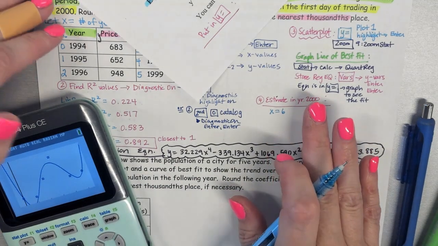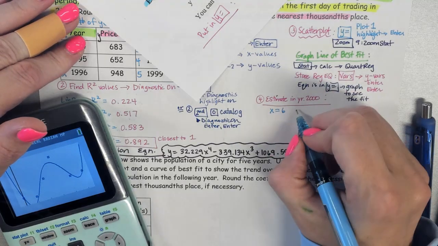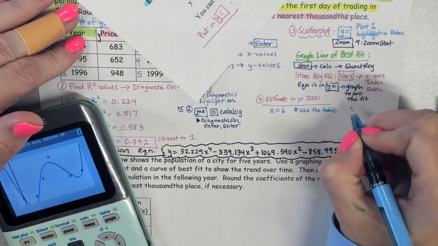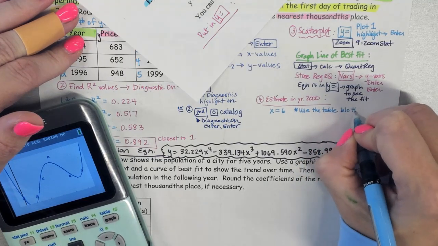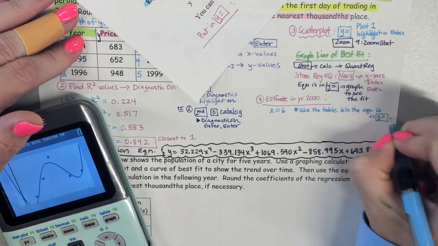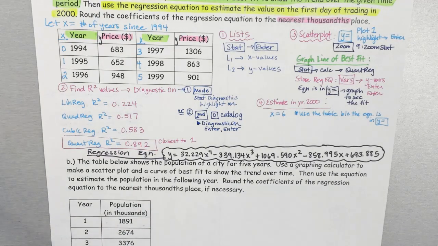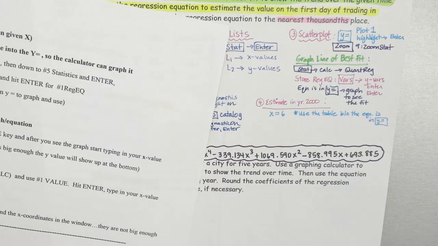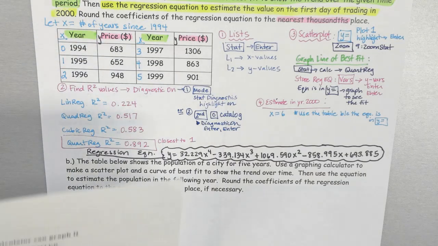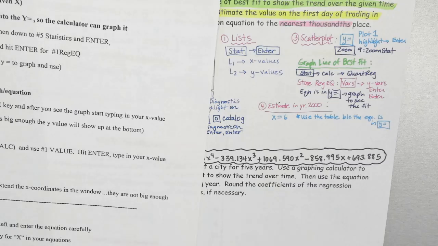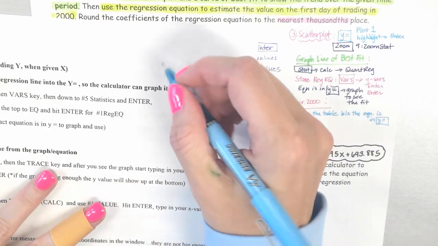Okay, so there's a couple different things you can do. Because we've already stored the equation, okay, we can use the table because the equation is in y equals. So we have entered that equation in there. Okay, you can also use that. So this says predicting a value.